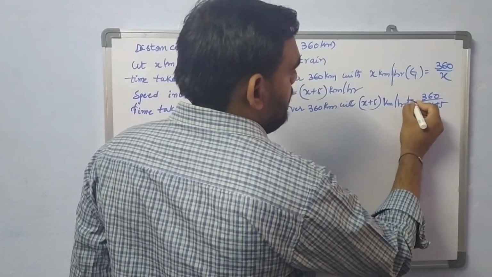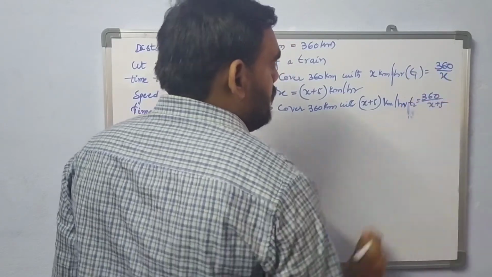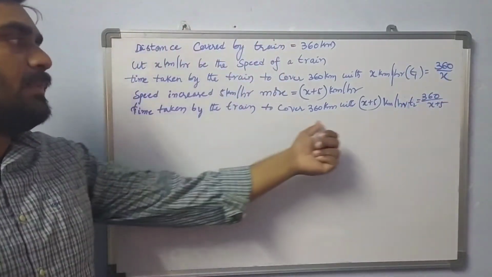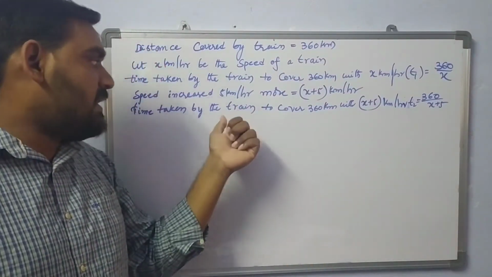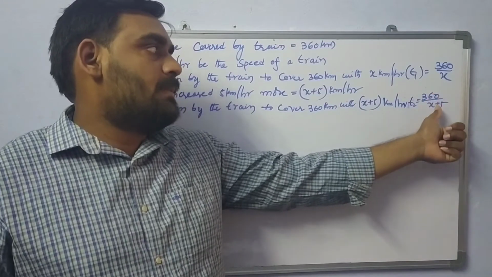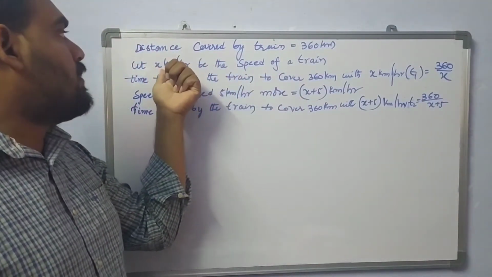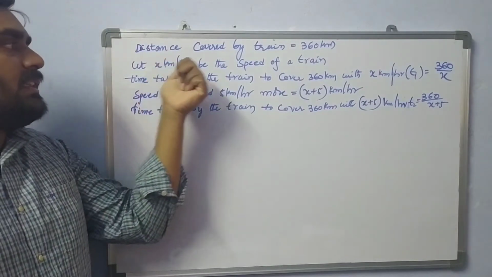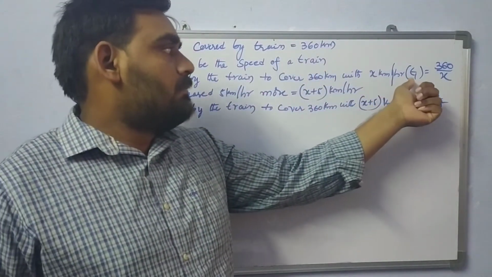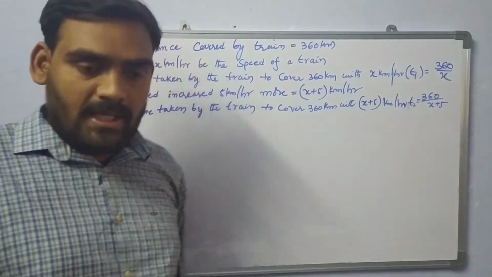Take this one as t2. So this is the time taken by the train when the speed has been increased 5 kilometers per hour more. At that time t2 is equal to 360 by x plus 5. We don't know the speed of the train, so we assumed x kilometers per hour be the speed of the train. At that time the time taken by the train will be T1 is equal to 360 by x.